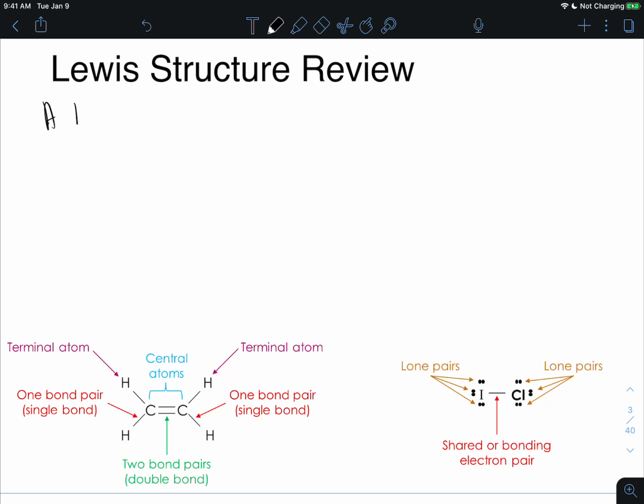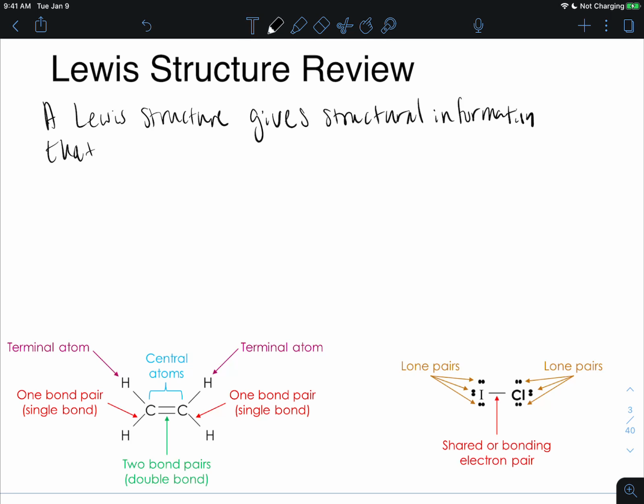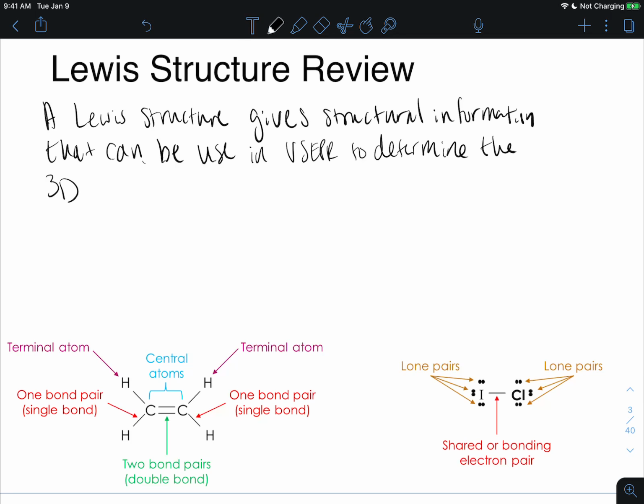So a Lewis structure itself gives structural information that can be used in VSEPR to determine the three-dimensional structure of the molecule, including bond angles.